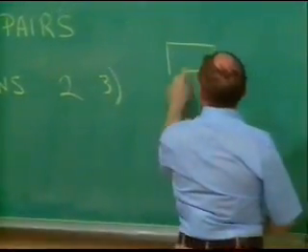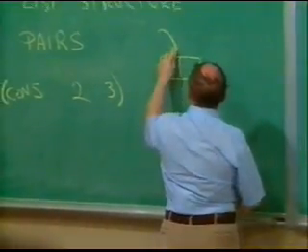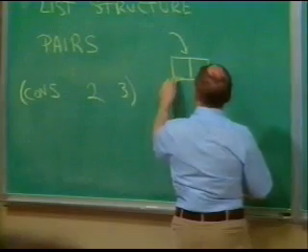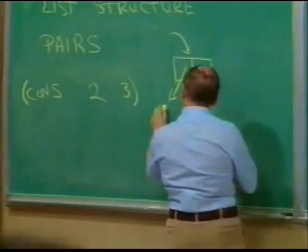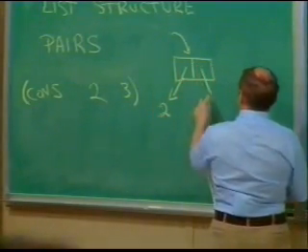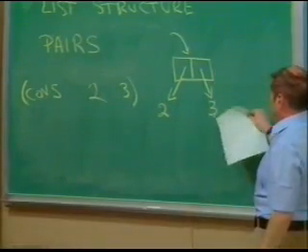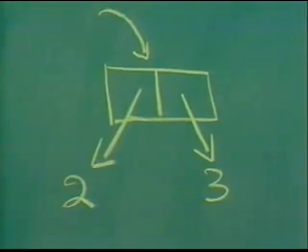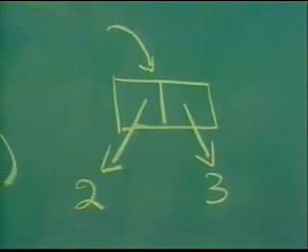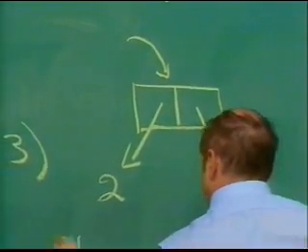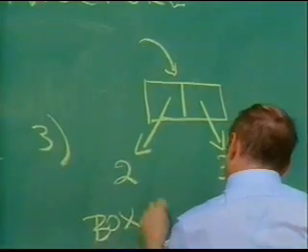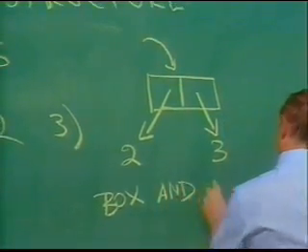We draw a little box, and this box has two arrows coming out of it. The first part of this pair is 2, and the second part of this pair is 3. This notation is called box and pointer notation.